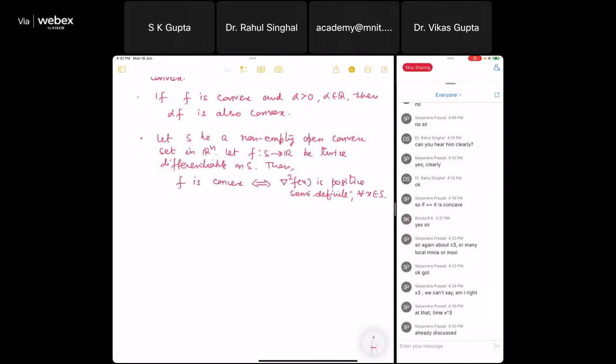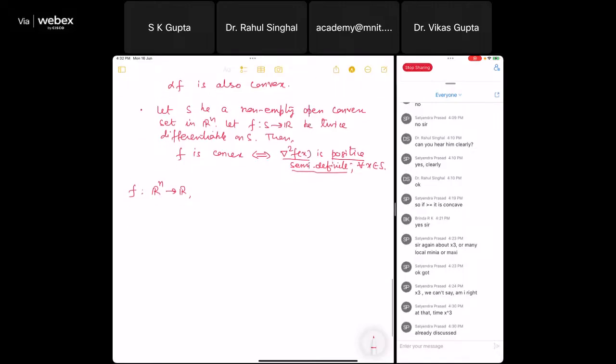Now, first of all, what do you mean by positive semi-definite? There are two things to understand: positive semi-definite, and what we mean by del square of f(x). If you have a function from Rn to R, let us first try to understand these two things, and then we will go through one or two examples.